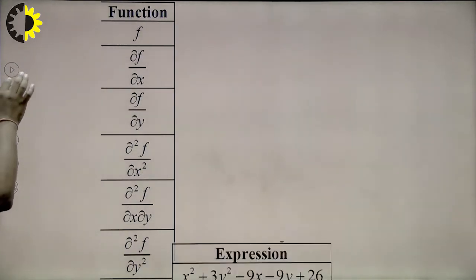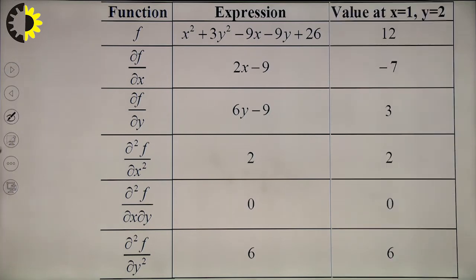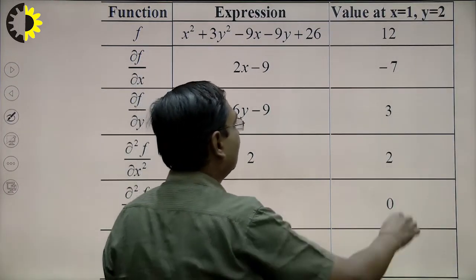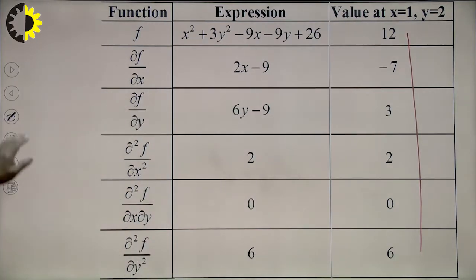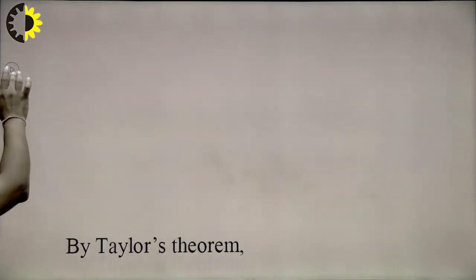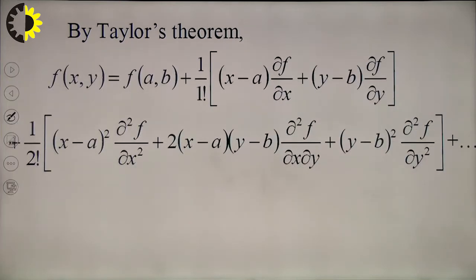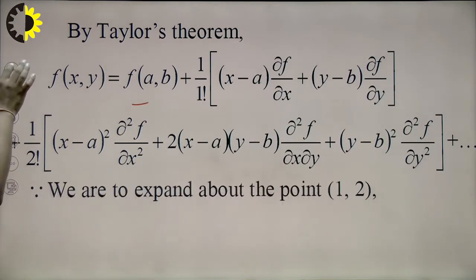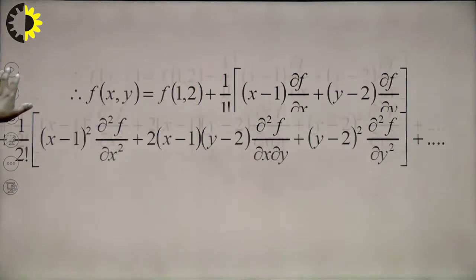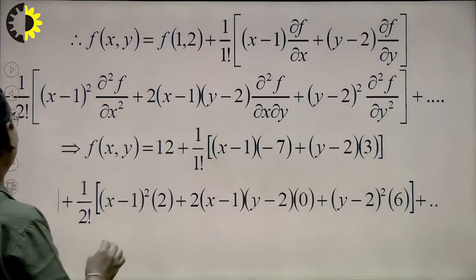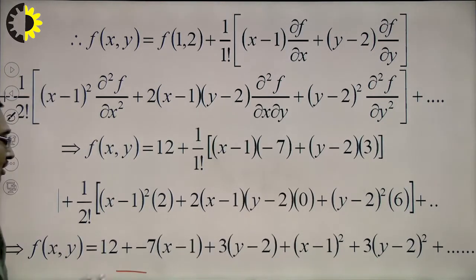Those values of a and b were substituted to obtain the values of partial derivatives without x and y, and then the same values of a and b were substituted in this Taylor's formula. Substituting partial derivatives and simplifying, I reached the expansion of the function, which was our main purpose.